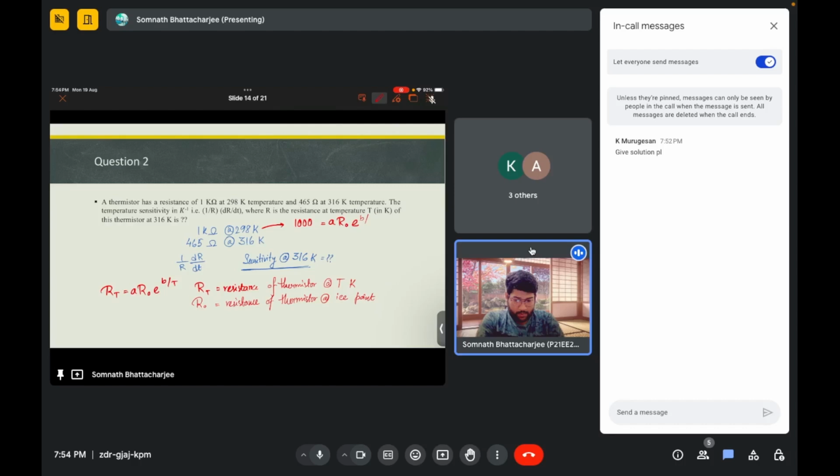So by solving this, we can just divide directly, and A and R_0, the unknown terms, we can eliminate them. We can directly get e^(B/298) by e^(B/316). So from this we can determine the value of B.